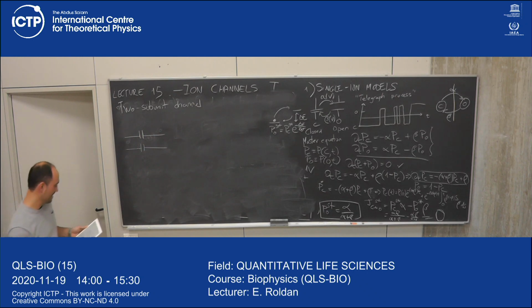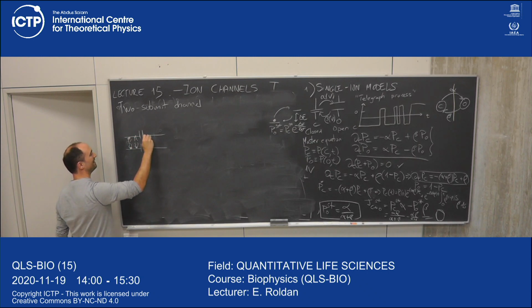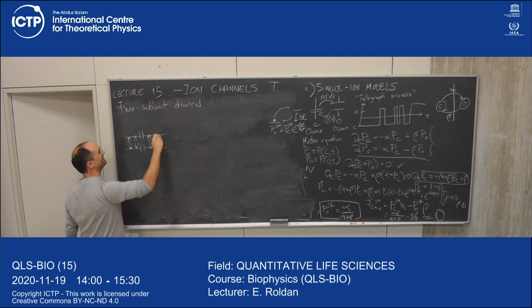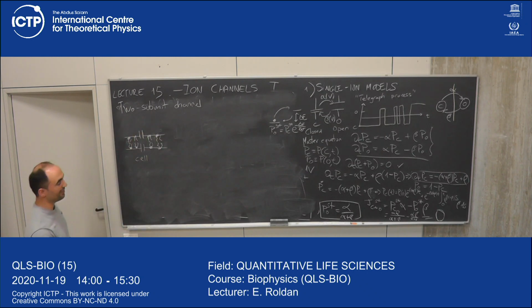Imagine this is the membrane, so there are here the phospholipids. You know it very well. Drawing this is a bit redundant, but it's good to have this in mind. This is the membrane, here is the cell, and this is the extracellular world, but it doesn't matter.